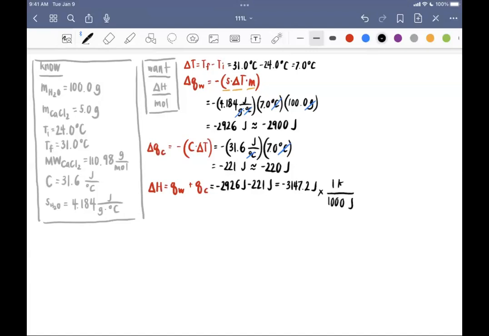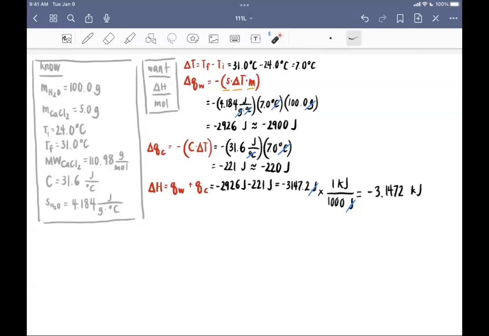So essentially that's dividing by 1,000, and that will allow us then to cancel joules and joules, so that we have negative 3.1472 kilojoules. And then we want to ensure that we have the final answer in the appropriate expression of change in enthalpy per mole.